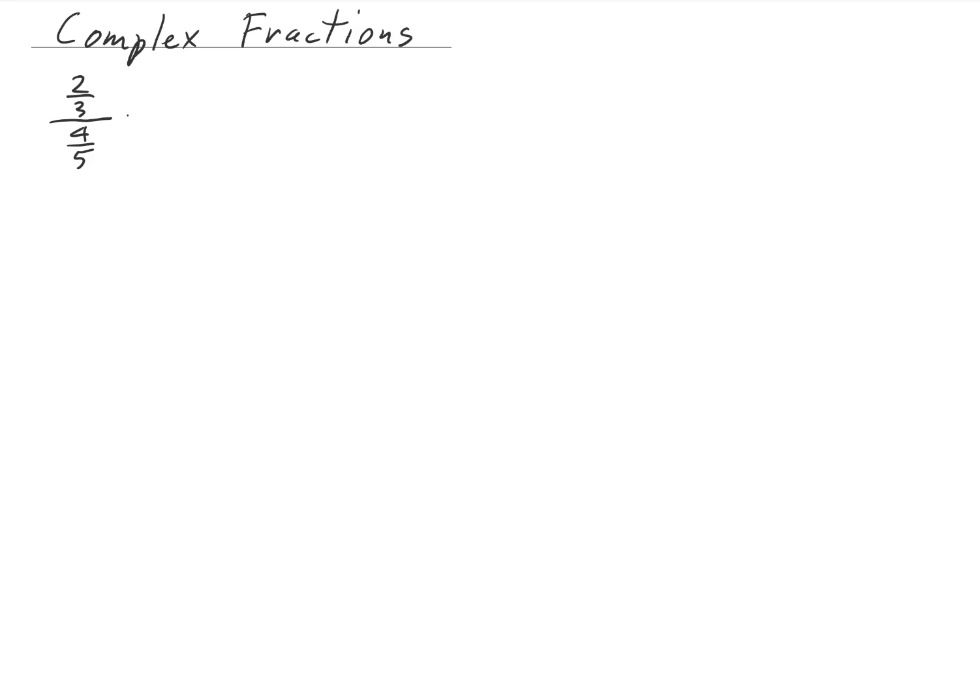So again, we interpret this as a division problem, and we write it as a division problem. It's the top fraction divided by the bottom fraction. And again, we change that into a multiplication problem by writing the top fraction, change the division into multiplication, and write the reciprocal of the second fraction.